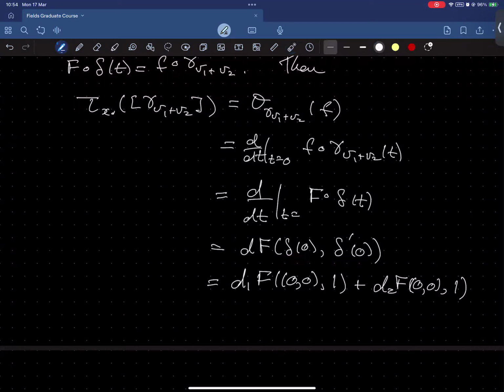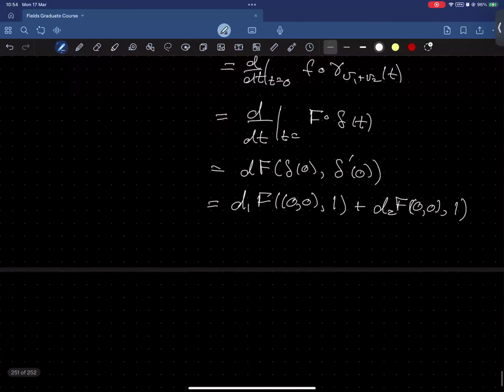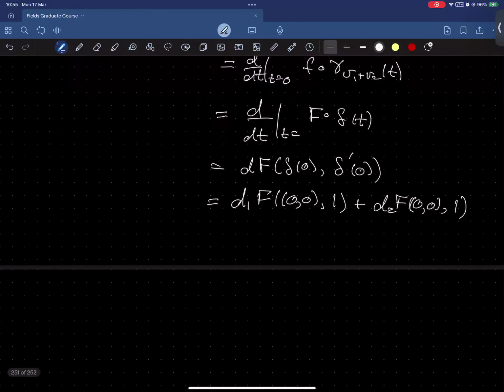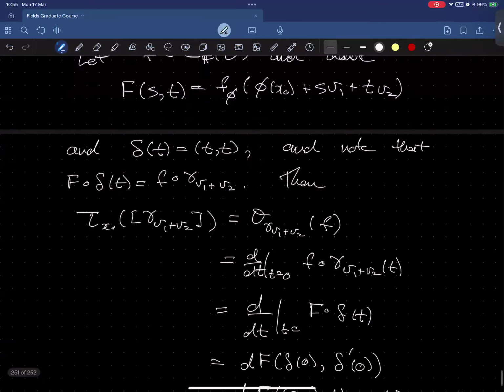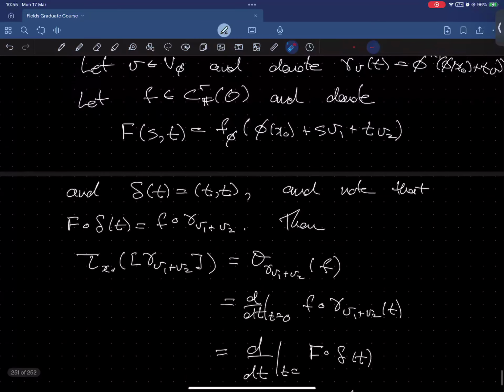Now I use the definition of F. d1 F means I'm differentiating with respect to the first argument, which is s, and holding t fixed.